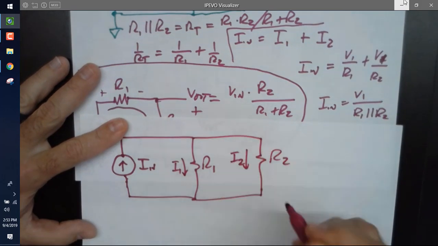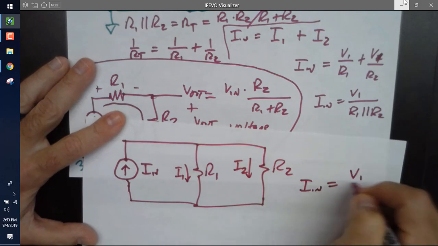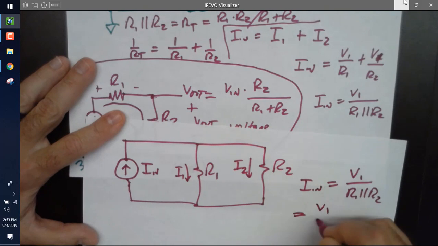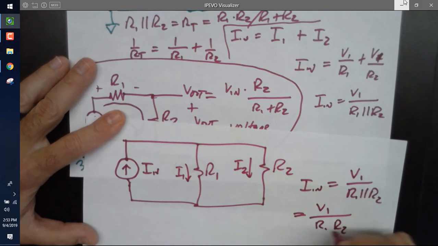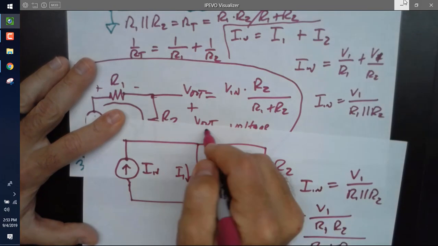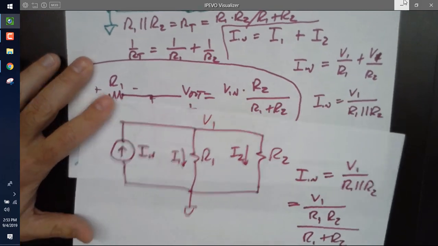I2, and then I'm going to write here that I in, what I just derived, was V in over R1 in parallel with R2, which is V1 over R1 R2 divided by R1 plus R2, and this is V1 and that's ground. Before I flip over, are there any questions?